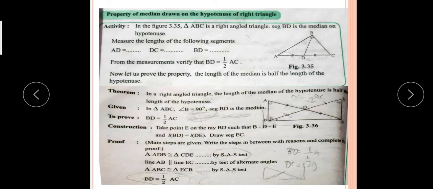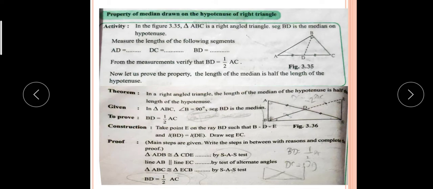Okay, what I said, which pair you have to write? BD is equal to DE, AD is equal to DC, and angle ADB is equal to angle EDC by vertically opposite angle, and therefore these two triangles are congruent.